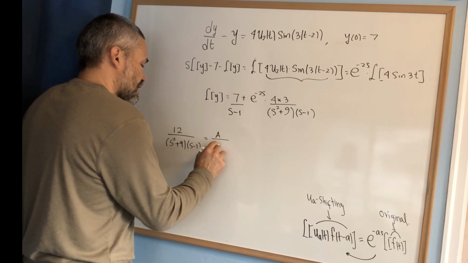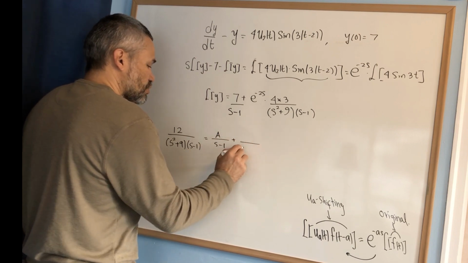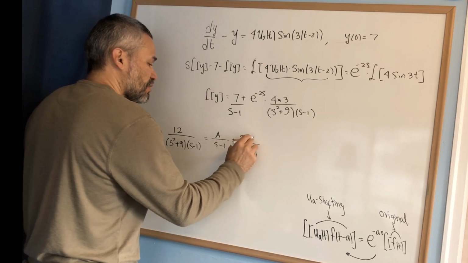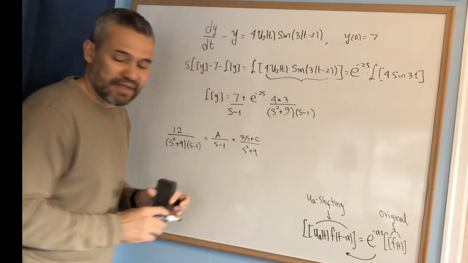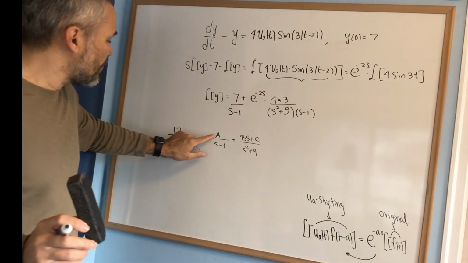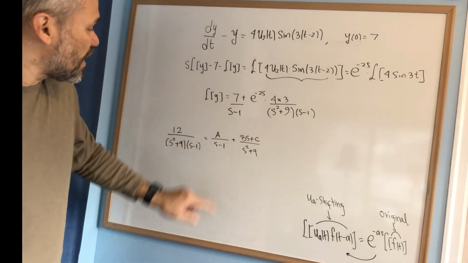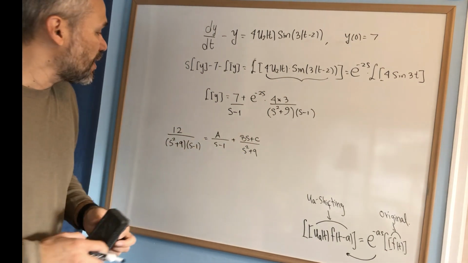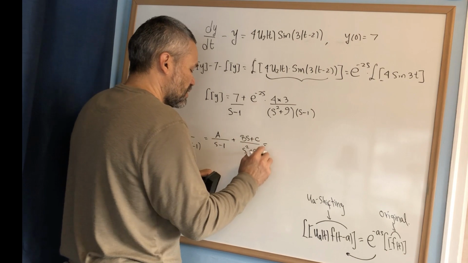You can write this as a over s minus 1, and on top of an irreducible quadratic, you need to write down a generic linear term. Remember that you have to use different constants a, b, and c. There are as many unknowns as the degree of the denominator. This is degree 3.